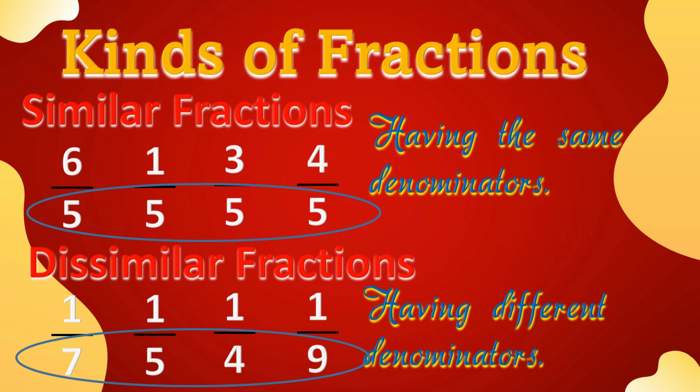We need this lesson for our next video, which is adding and subtracting fraction. Kailangan ma-identify ninyo kung similar ba sila or dissimilar. Anong hahanapin para malaman ng similar, dissimilar? That is based on their denominators.